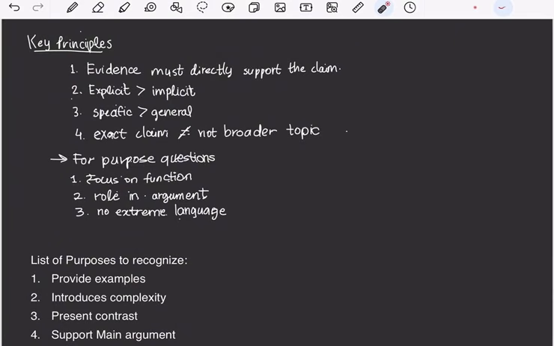So these are some key points that I want to highlight. You want evidence that directly supports the claim, and you want explicit evidence rather than implicit evidence, because most of the time the evidence is completely stated in the passage, explicitly stated. So you don't want to make up evidence when something is already present there. And lastly, it is specific evidence over general statements.